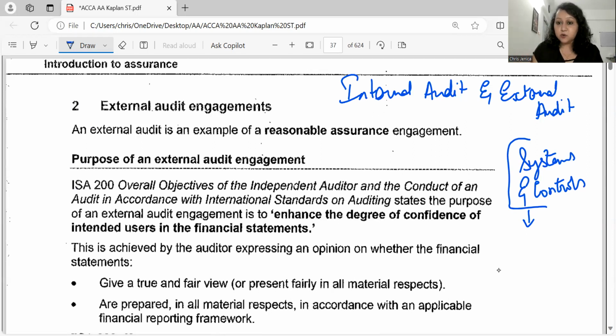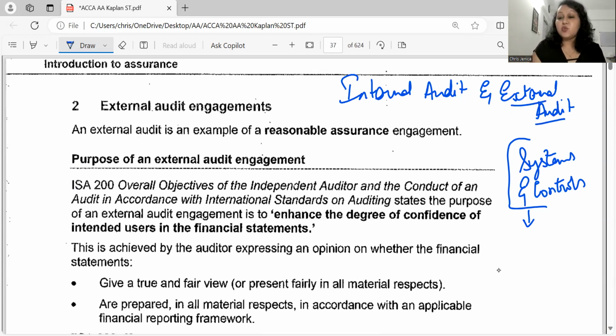That is the internal controls. This can be carried out even by an employee within the organization. An auditor can be employed within the organization. It is not necessarily a third party. And this is normally carried out throughout the year. We'll be learning internal controls and internal audit in depth in the internal controls chapter. Just understand the basic difference.